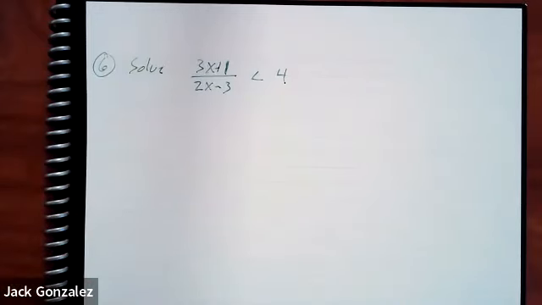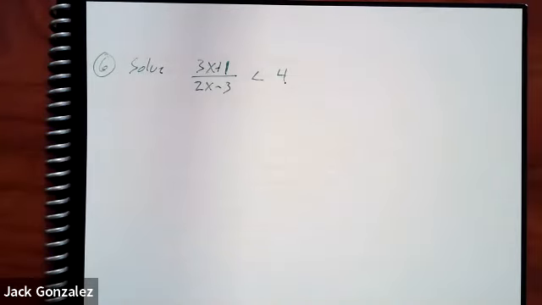All right, so 3x plus 1 over 2x minus 3 less than 4. So we gotta deal with this rational expression, the algebraic fraction. Okay.